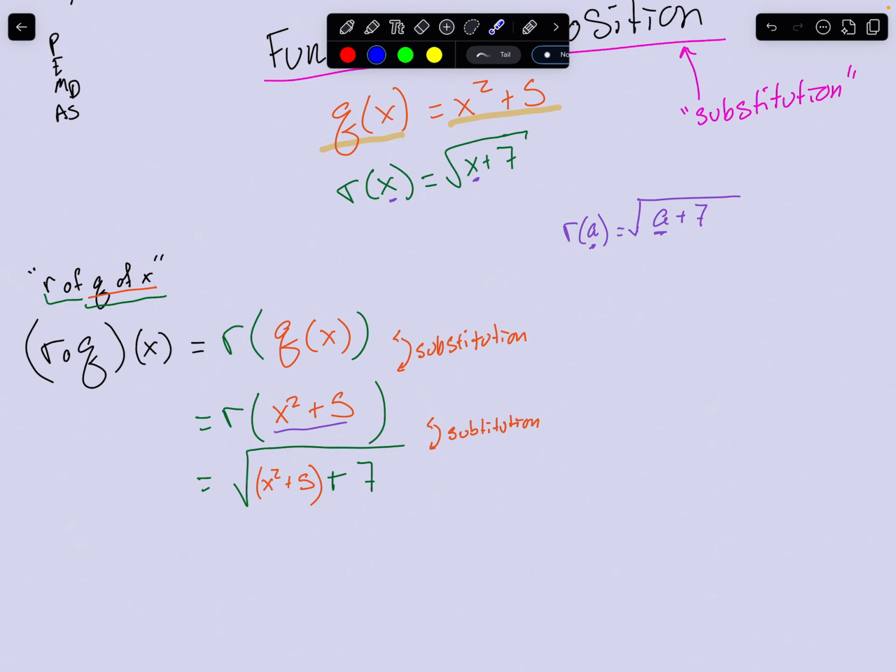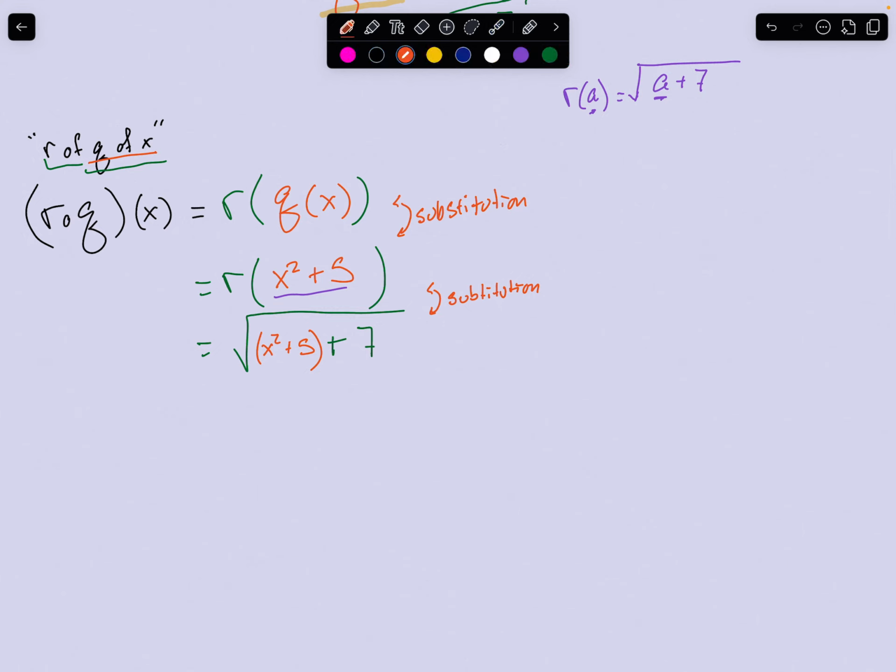So I'm taking this variable and replacing it with that. And then now we're done. Sorry for the yellow, that's really hard to see. There's nothing left to do but simplify.